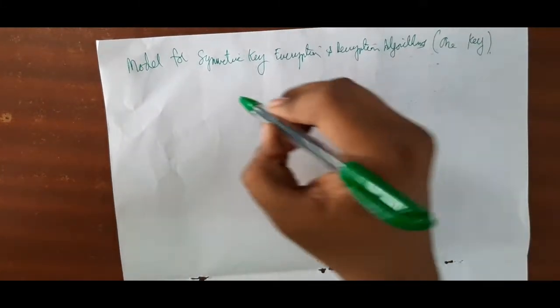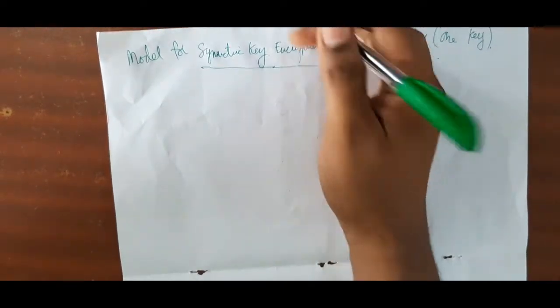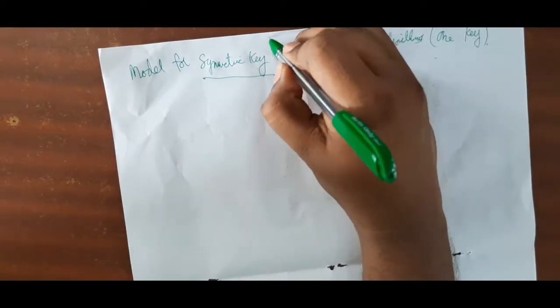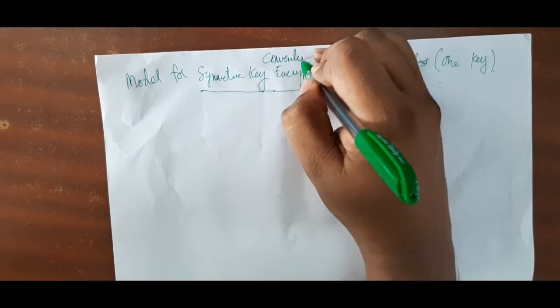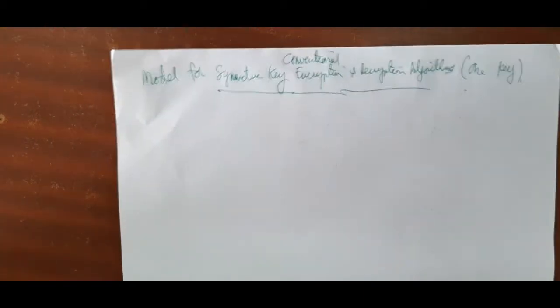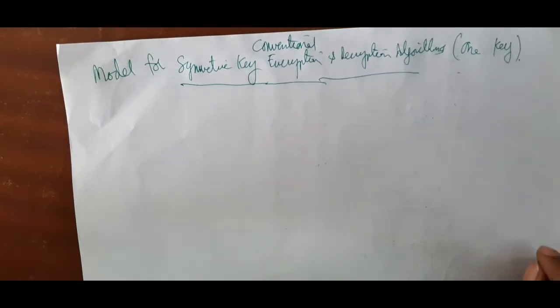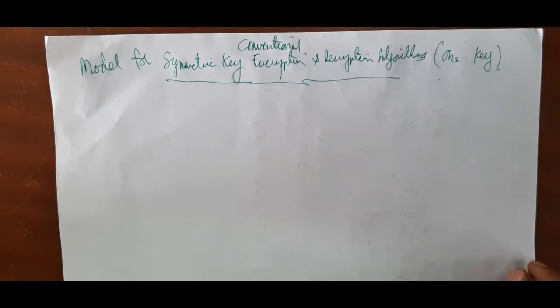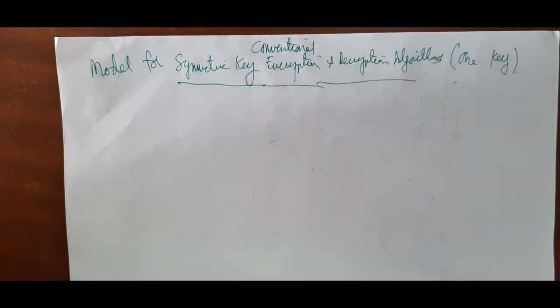Another name for the symmetric key encryption and decryption algorithm is conventional encryption and decryption algorithm. So this is the terminology used: one key algorithm or conventional encryption and decryption algorithm.